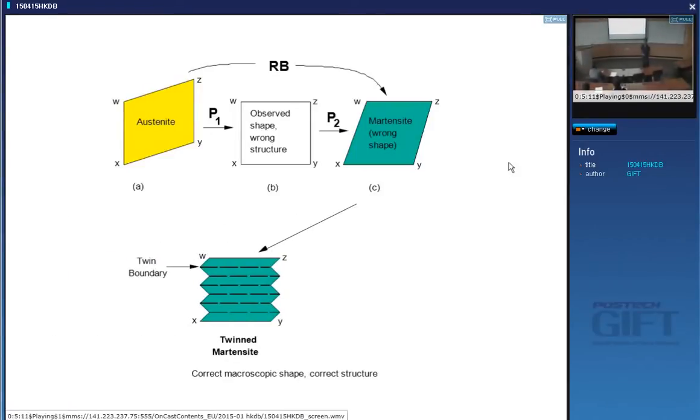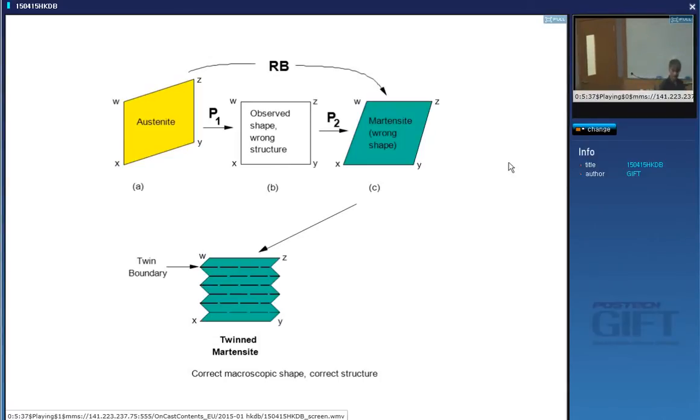So this is where we've twinned the crystal so that the macroscopic shape is this. We haven't changed the crystal structure by twinning. We've just reoriented it. And we predict that we will observe twins inside the martensite. So this was back in 1953, before transmission electron microscopes were used in materials.